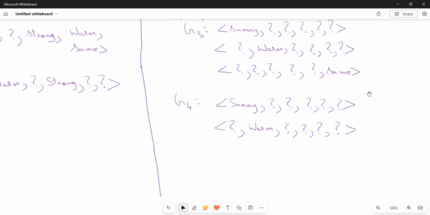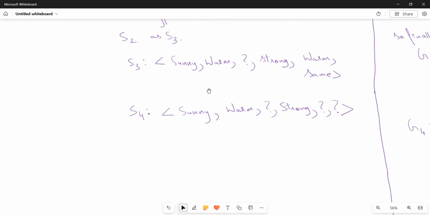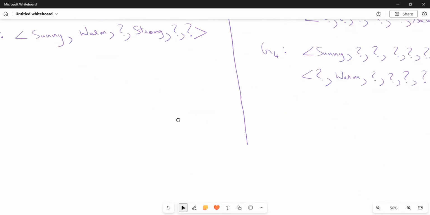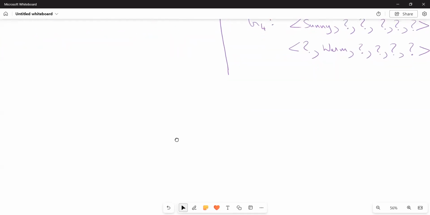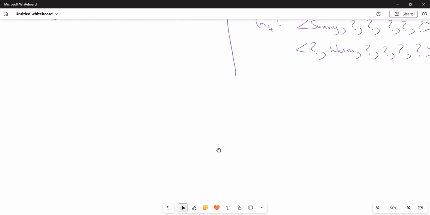Finally, this is your hypothesis for your generic boundary, and this is the hypothesis for your specific boundary. What are we going to do now? Since there is more than one hypothesis, we are supposed to finalize it with a single hypothesis. So we need to write a few more possibilities.